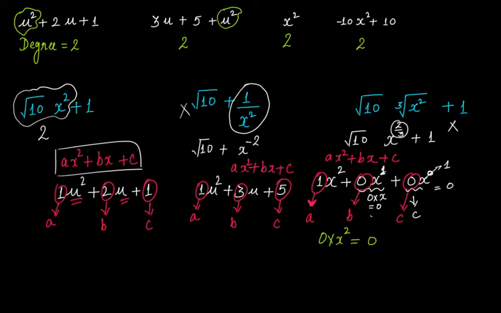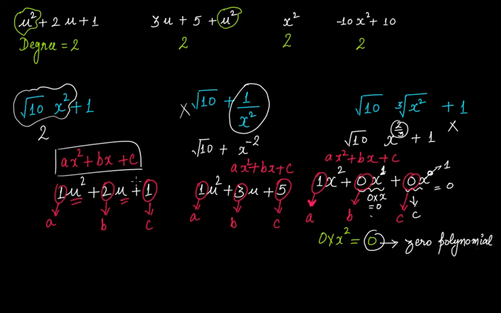Now 0 is not a quadratic polynomial. This will become a 0 polynomial. This is a 0 polynomial. This is not a quadratic polynomial. When you move to higher grades, then you will learn more about 0 polynomial.